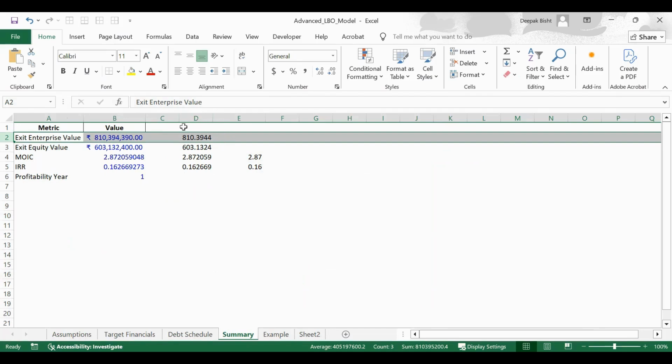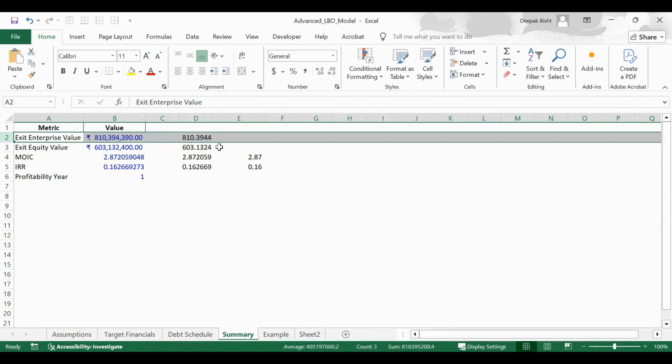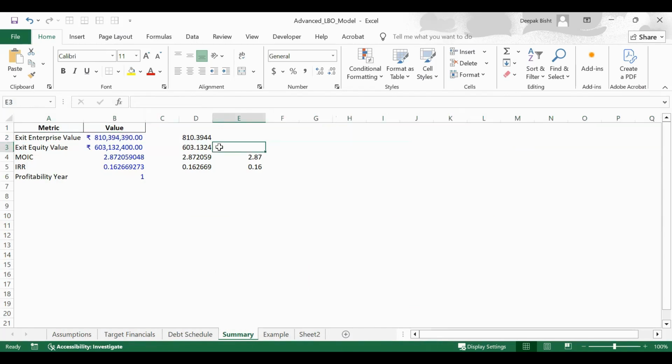From the $810 million enterprise value, we have subtracted any remaining principal payment, so we will get the equity value. So we have calculated the equity value here. Using these parameters, the exit enterprise value and exit equity value, we have calculated the MOIC.